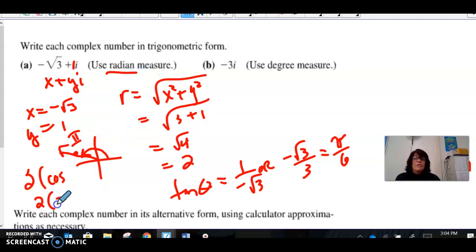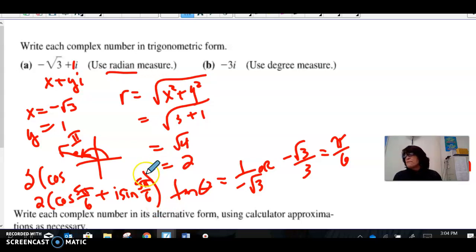So the answer is 2 cosine of 5 pi over 6 plus i sine of 5 pi over 6. Or I guess I could have written it as 2 cis 5 pi over 6 if I wanted to.